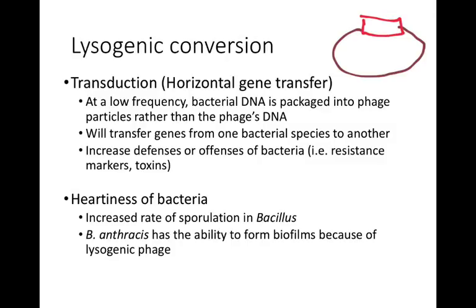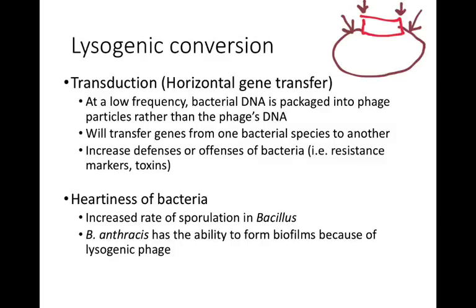So instead of cutting at those locations where the viral genome is, they might cut and include a little bit of the host DNA as well. Well, in these cases then, the host DNA would become part of the viral genome. And if that host DNA includes toxins, resistance markers, other virulence or pathogenicity factors, these can be spread from one bacterium to another through horizontal gene transfer.